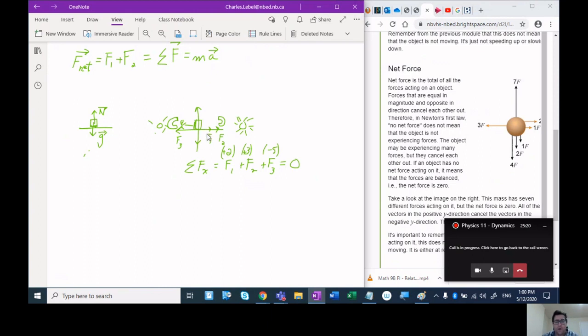It means that if there are forces, their net, this is sum of F, if the total of those forces is equal to 0, then that means the object will not be influenced, and its movement will not change. And so we can have more forces, etc. Notice that I did it in X, on the X-axis, and I could do it on the Y-axis, and we will be doing that in this module.